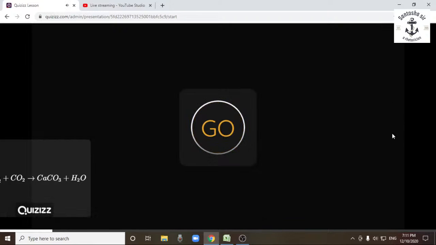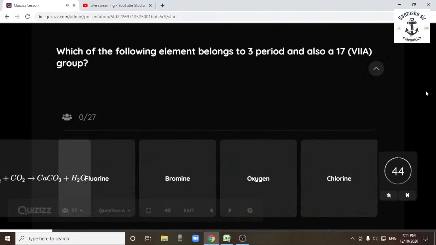Question number 6. Which of the following elements belongs to the third period and also the 17th group (7A)? 30 seconds. 10 seconds more.